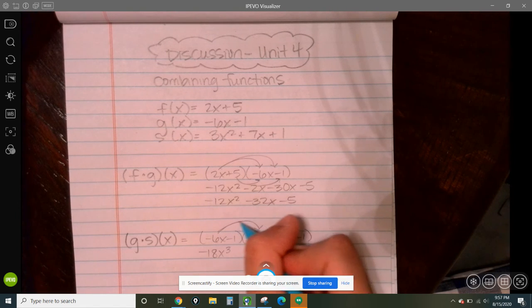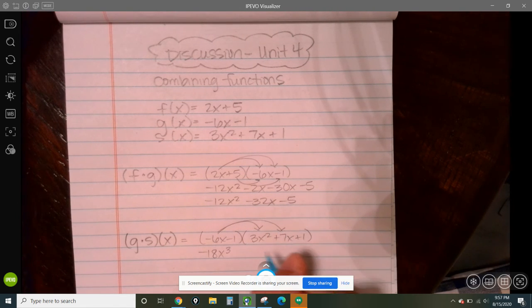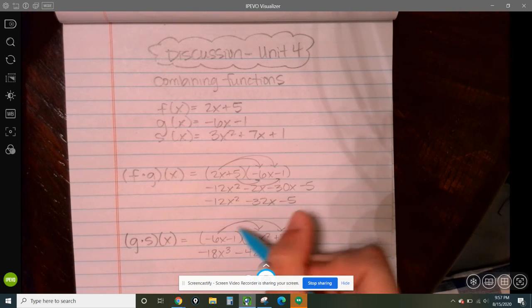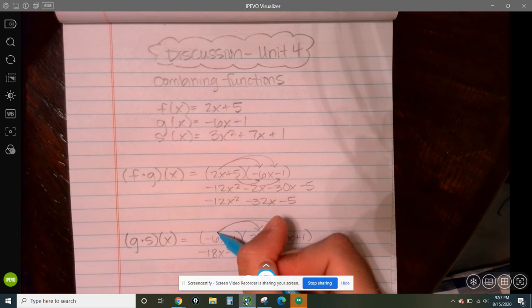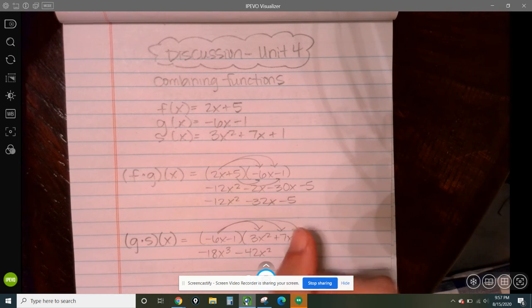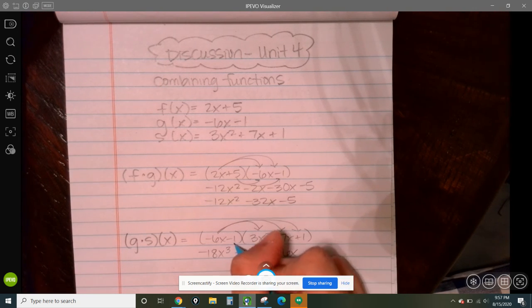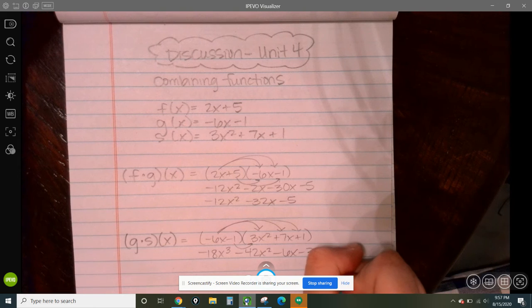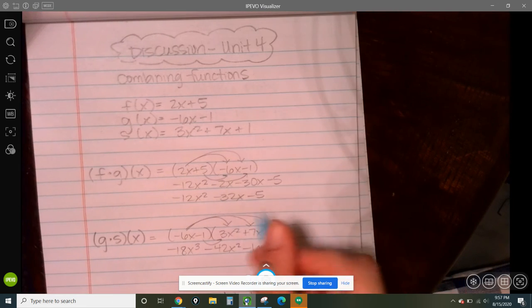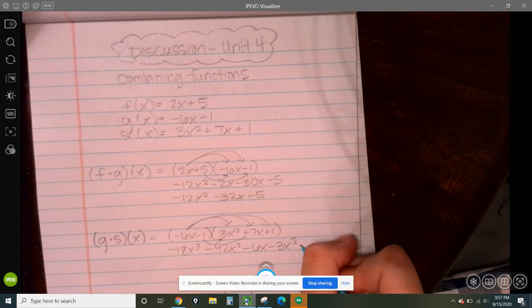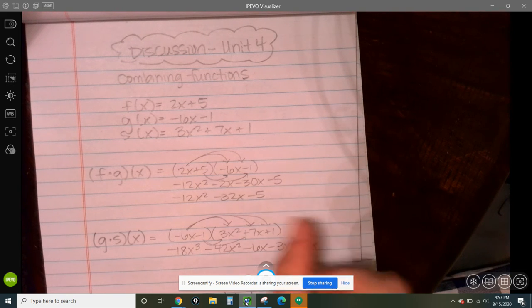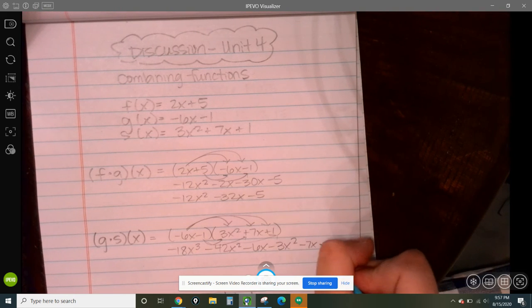And I can keep going. Negative 6x times 7x would be negative 42x squared. Negative 6x times 1 would be minus 6x. Negative 1 times 3x squared is negative 3x squared. Negative 1 times 7x is negative 7x. And negative 1 times 1 is minus 1.